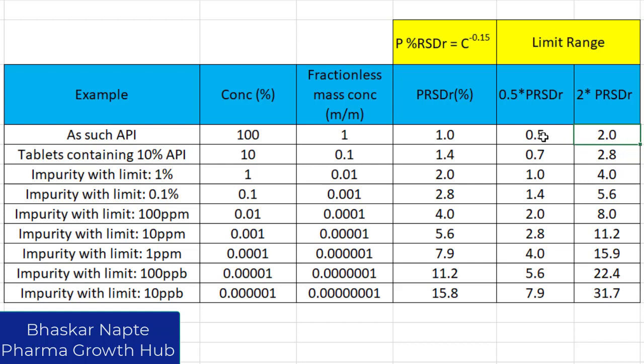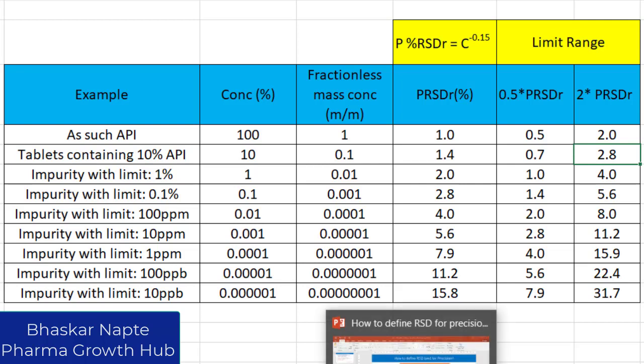So you can easily understand that for an assay of API where the concentration of the substance is 100%, the limit range for RSD is from 0.5 to 2%. In case the concentration of the substance or analyte in the given sample is 10%, the limit range for predicted RSD is 0.7 to 2.8%. And you can understand the rest of the limit ranges according to the concentration.